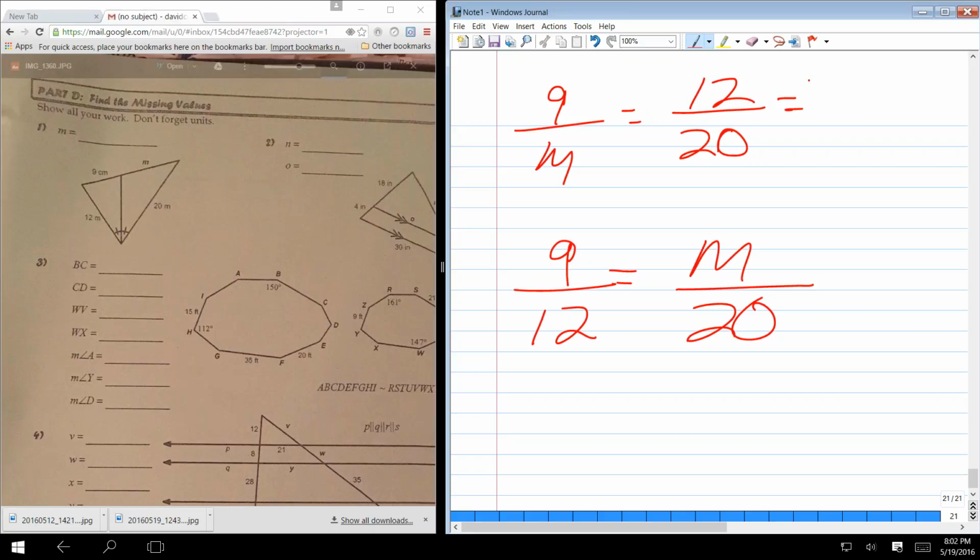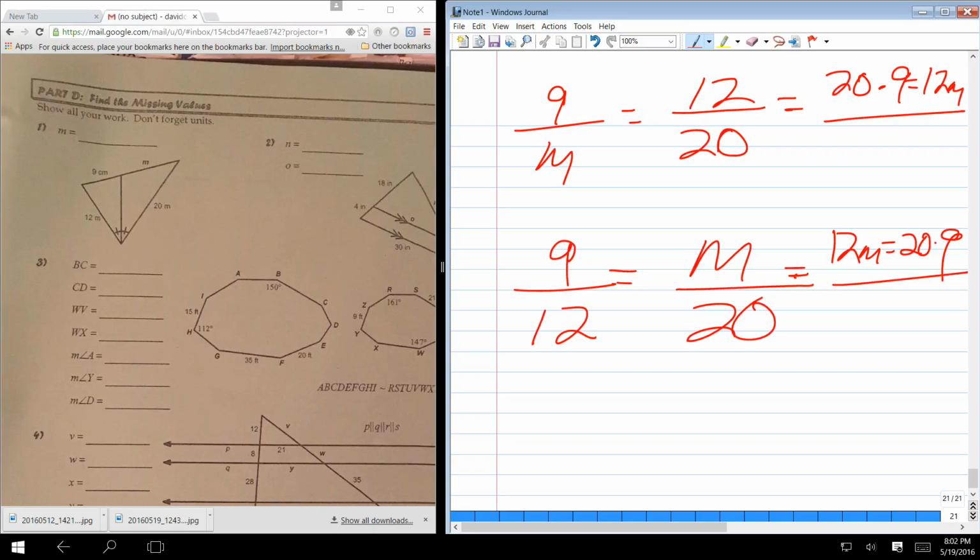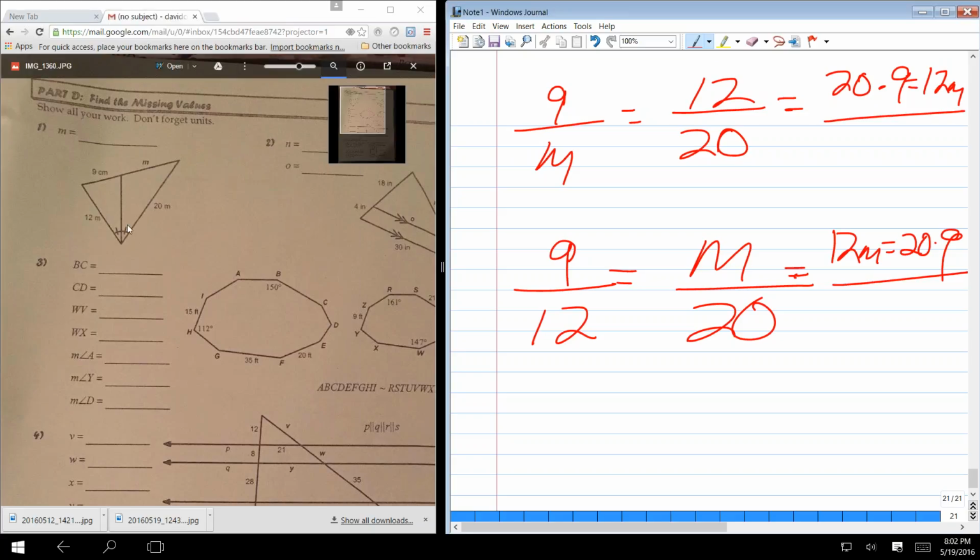If I cross multiply, I get 20 times 9 equals 12m. Well, down here, if I cross multiply, I get 12m equals 20 times 9. So it results in the same formula regardless of how you put it together.